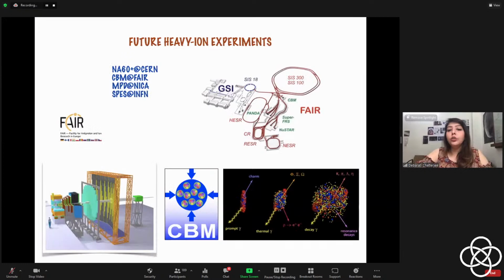There are also future heavy ion collision experiments which have started construction. So the CBM experiment, the Compressed Baryonic Matter experiment, will probe heavy ion physics at higher than 3 times saturation density. In general, the heavy ion collision experiments that we were talking about probe matter between 2 and 3 times saturation density, and this is going even higher.